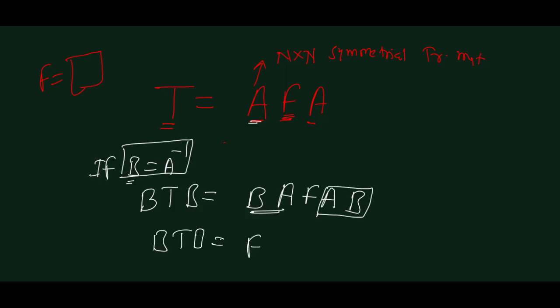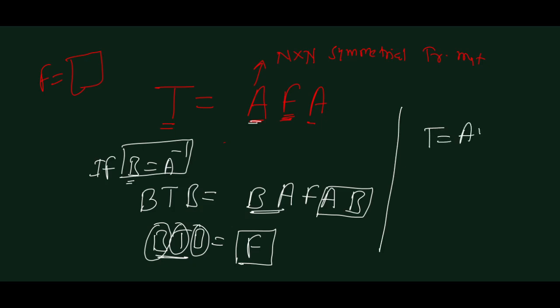So your interest is the inverse transformation, the calculation of F, where F is a two-dimensional signal. You have the transform domain, and B is nothing but the inverse of the A matrix. These two equations are very important: T equals A F A and F equals B T B, where B equals A inverse.